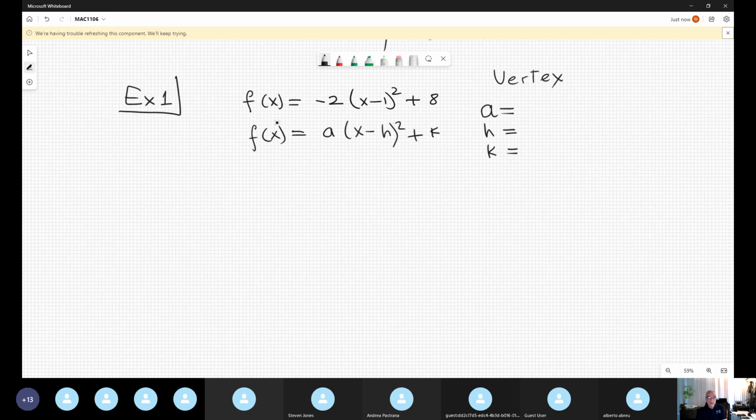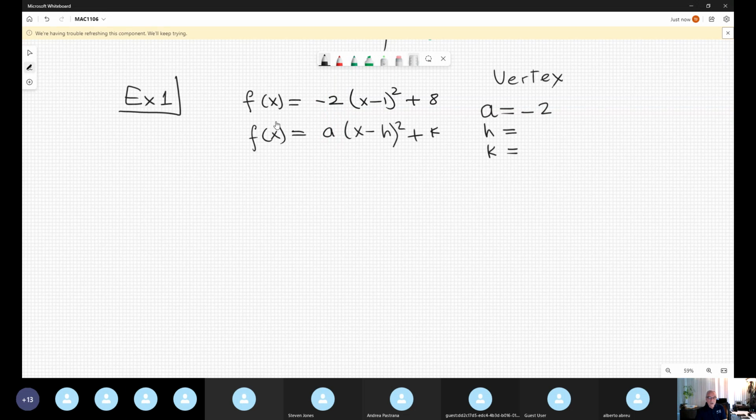Okay, and you compare. Who is A? Minus 2, right? Not 2, minus 2. Be careful. This is mathematics. One sign you do wrong, you screw up everything. So A is minus 2.